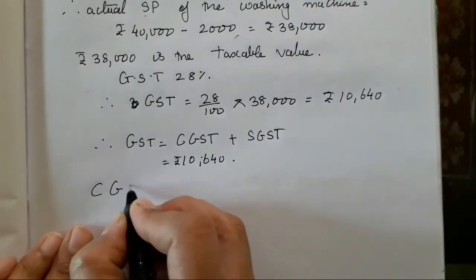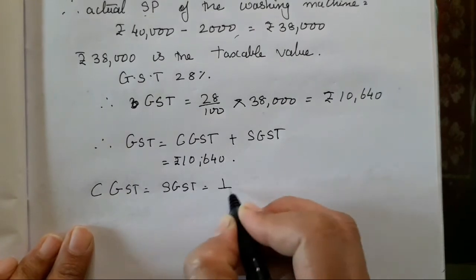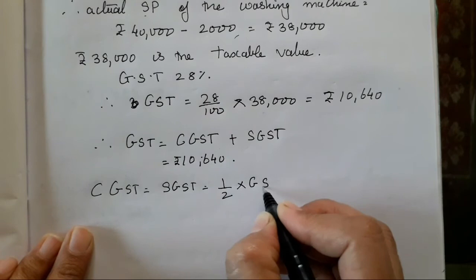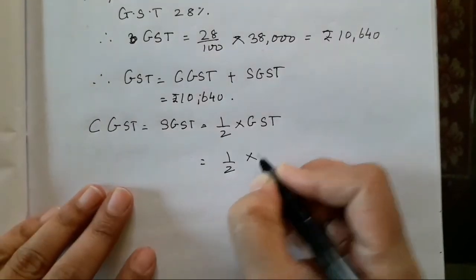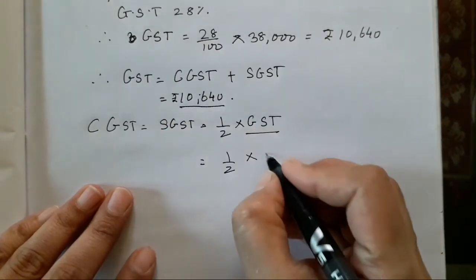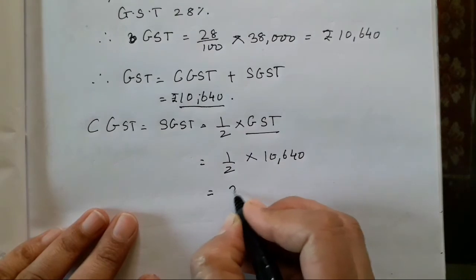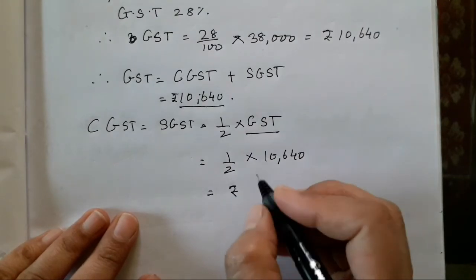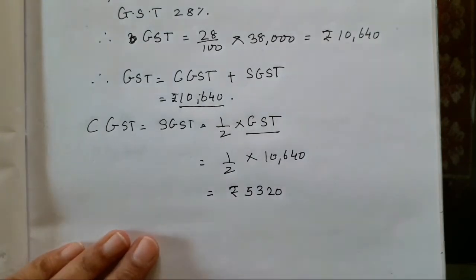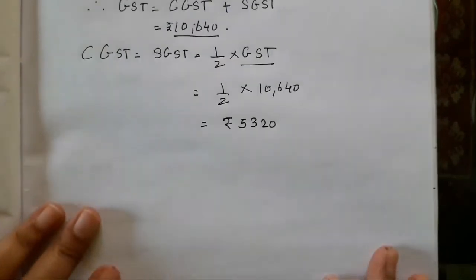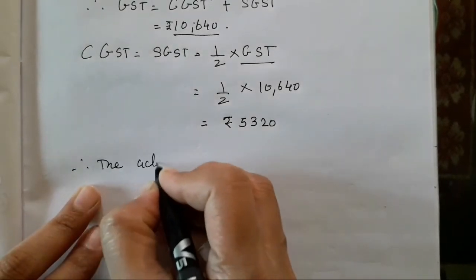So CGST is equal to SGST is equal to half into GST, which is half into 10,640. Reduce it. The answer is going to be rupees 5,320.